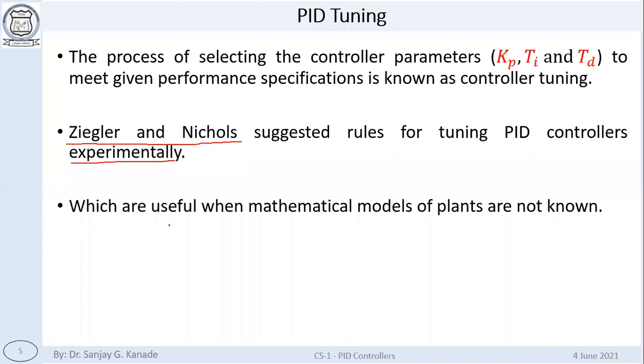These rules are useful when the mathematical models of the plant are not known. Note down, if the mathematical model of the plant is not known, meaning we don't have a transfer function model or any other type of model of the plant, then we can use these rules for designing of the controller.